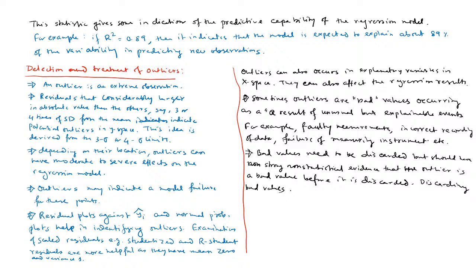Discarding bad values is desirable because least squares pulls the fitted equation toward the outlier.